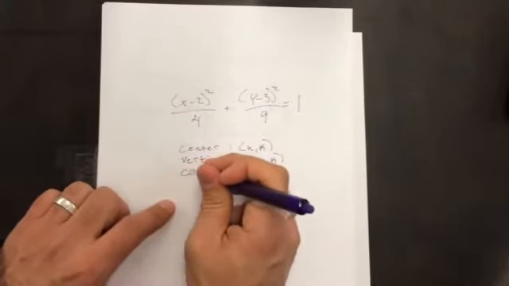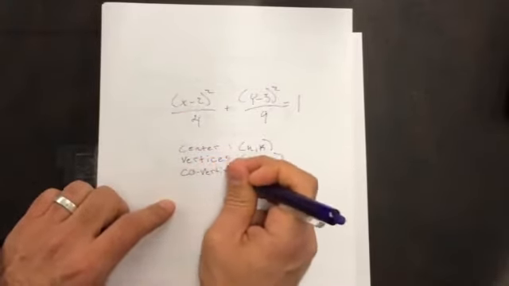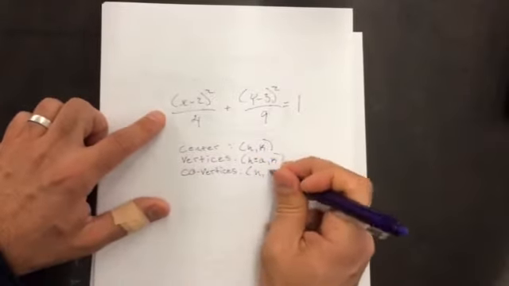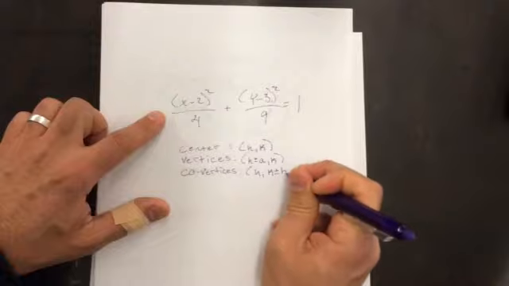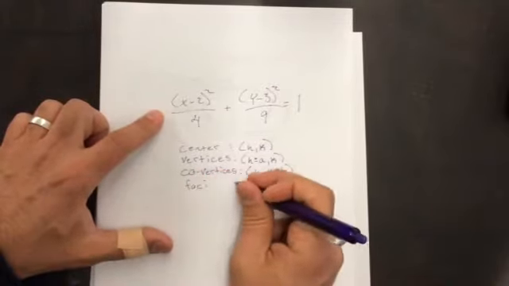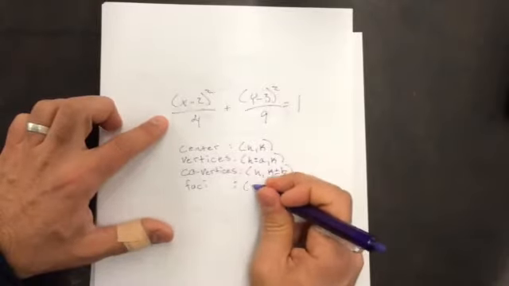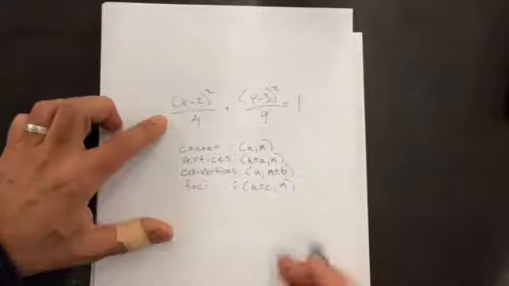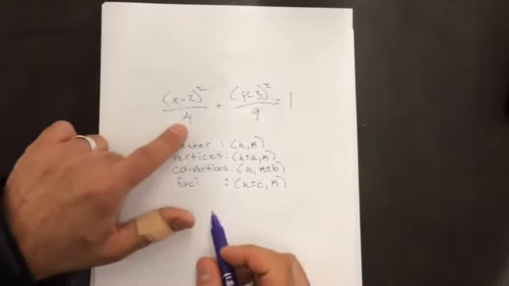We want to find the co-vertices, which, because it's horizontal, it's going to be h comma k plus or minus b. And then we want to find the foci, which, because it's horizontal, it's going to be h plus or minus c comma k. So the first thing I'm going to do is the center.